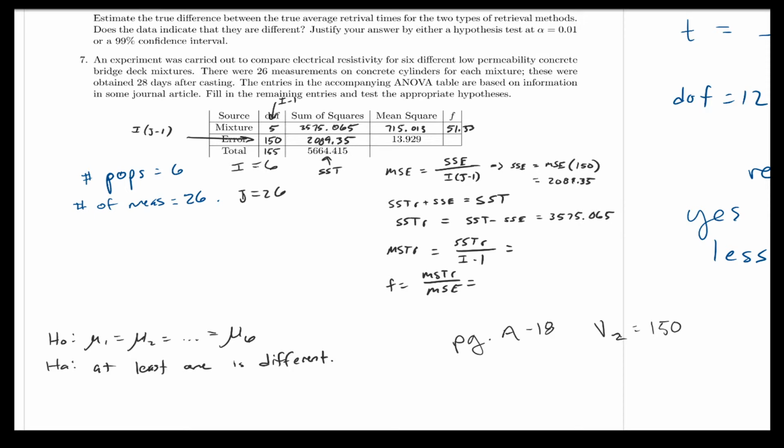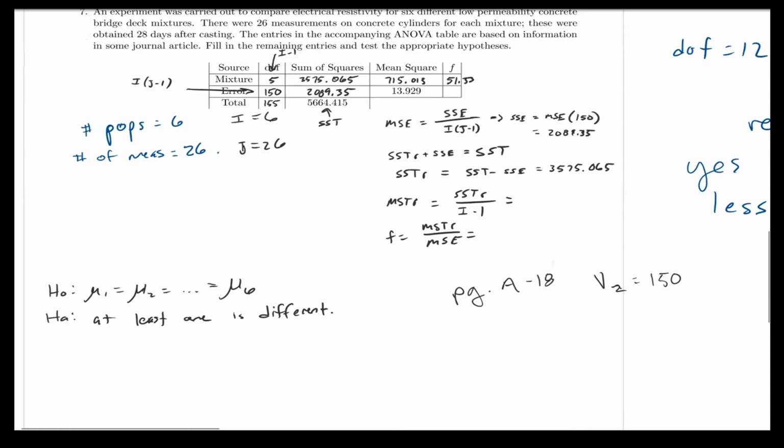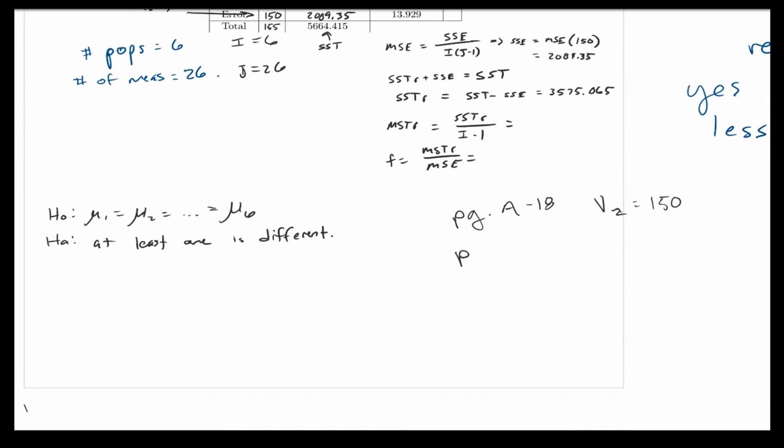So on either one, with our F value, it's going to be less than 0.001. Our degrees of freedom were 5, so we'll go to this fifth column here. If we're larger than 4.48 or 4.29, we're definitely less than 0.001. So our p-value is going to be less than 0.001, which is less than the alpha here.